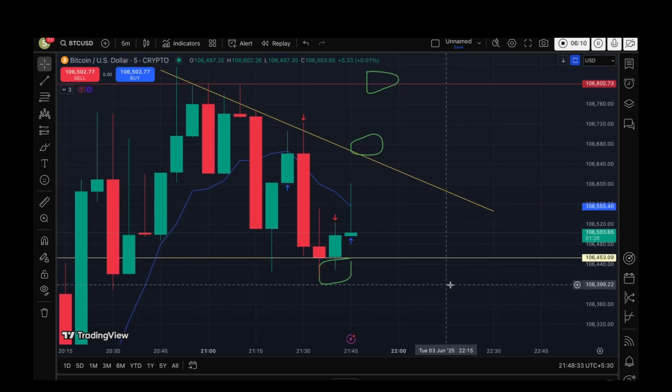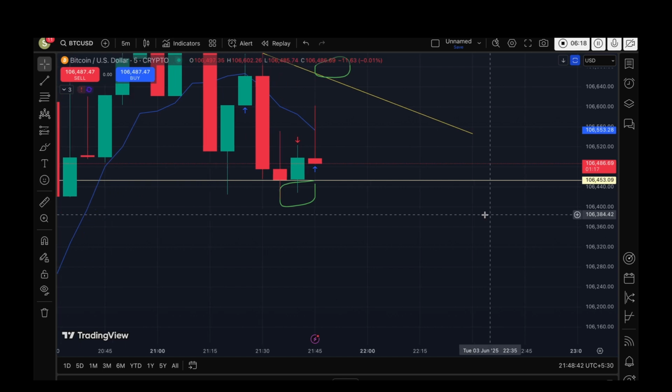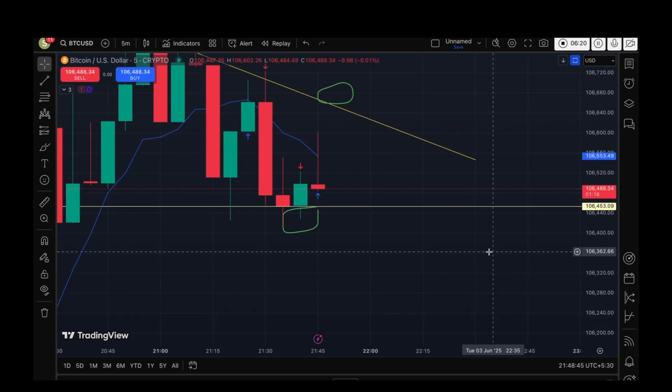So the gold one, I'm going to hold the gold for some time actually. I'm 100% sure gold is going upside within some days. So let's wait for that. I will update once it gets any good trade basically.